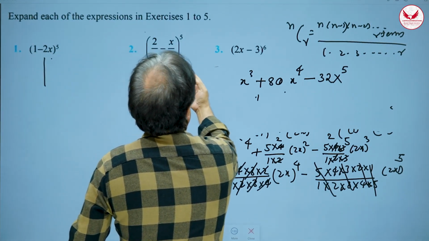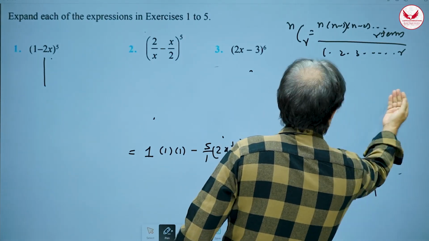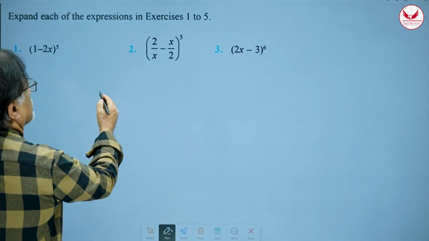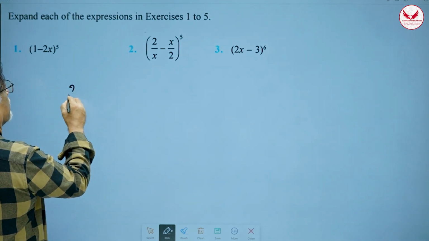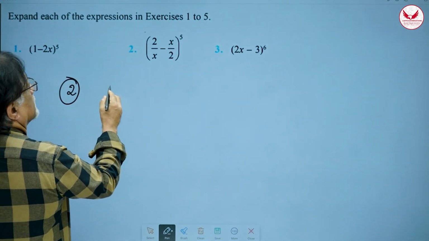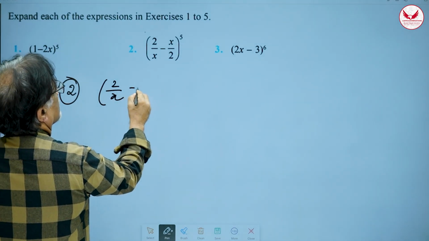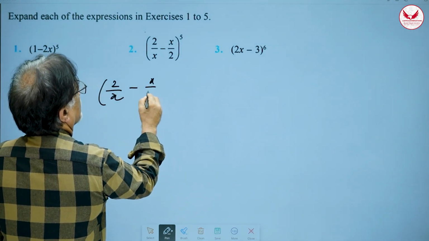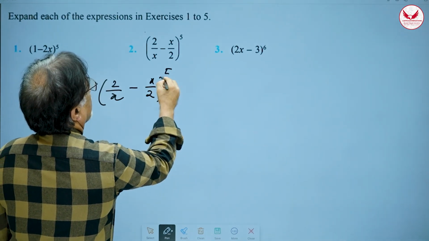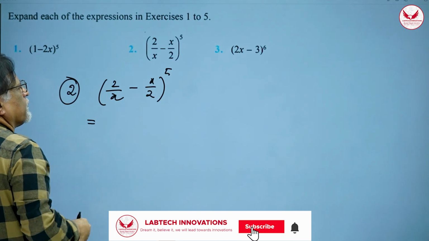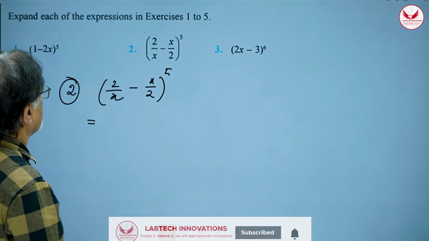Now let us go over to the second question. So now question number 2. Question number 2 is again 2 minus x upon 2 raised to what? 5. Correct? So all I have to do is expand these terms to the 5th power.